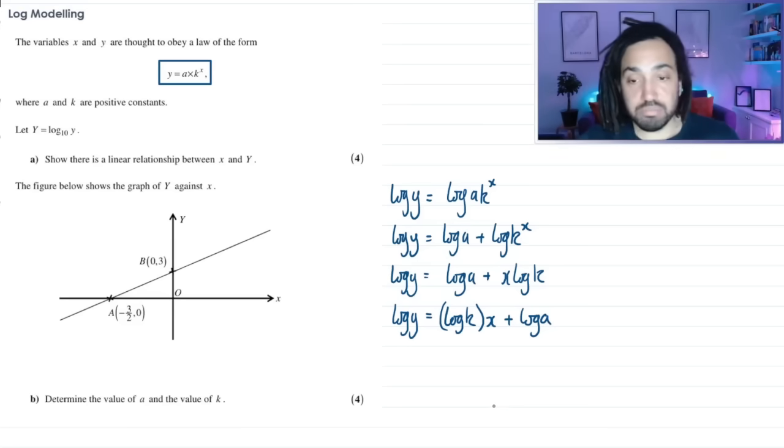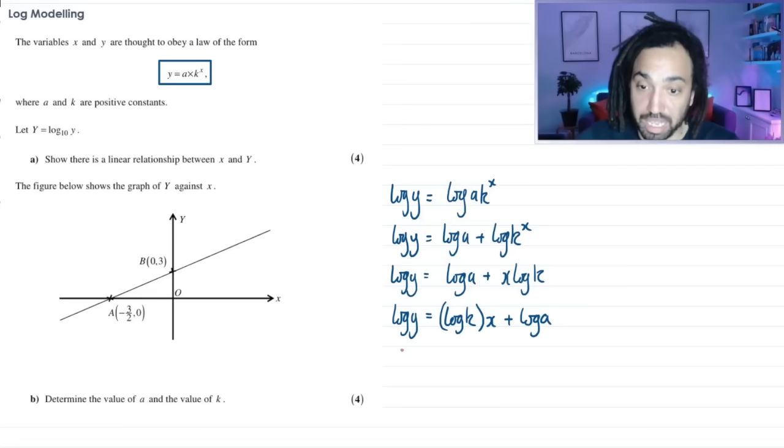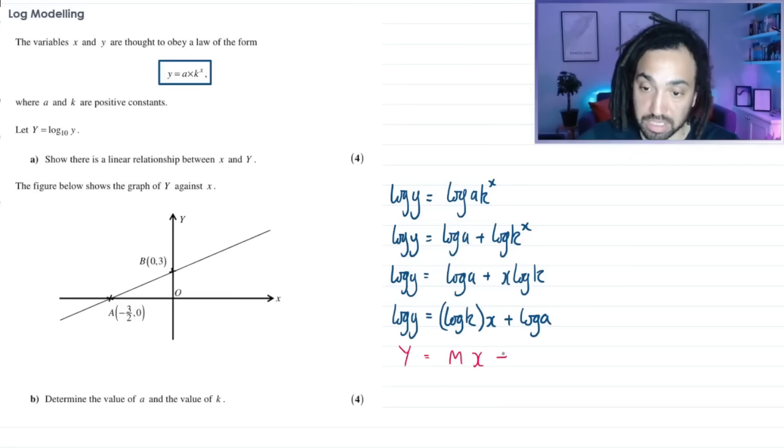Okay, now, like I said, this can now be compared with capital Y is equal to gradient x plus c.